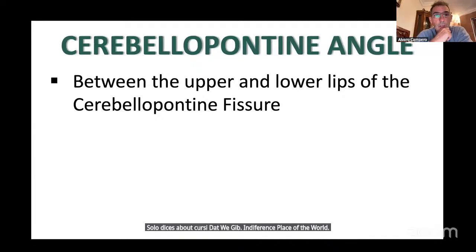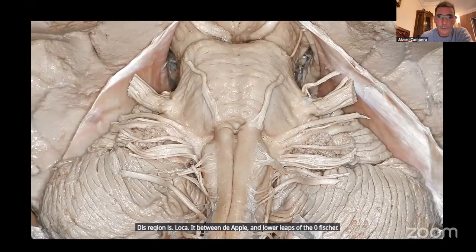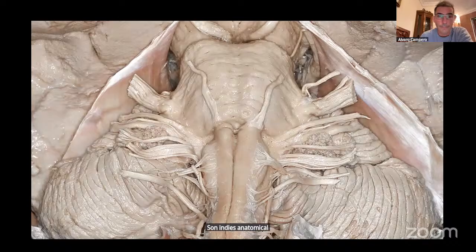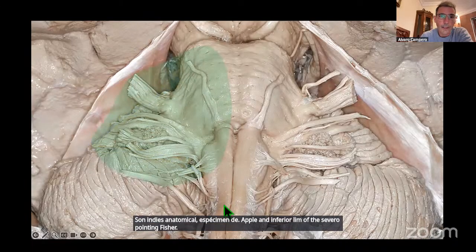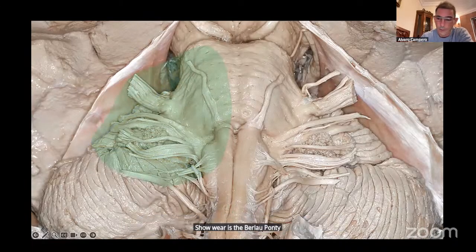In relation with the cerebellopontine angle, this region is located between the upper and lower lips of the cerebellopontine fissure. So in this anatomical specimen, the upper and inferior limbs of the cerebellopontine fissure show where the cerebellopontine angle region is.